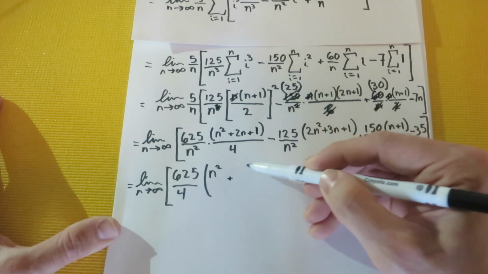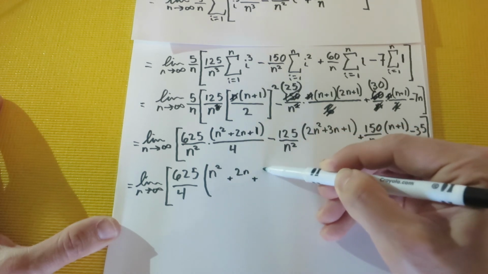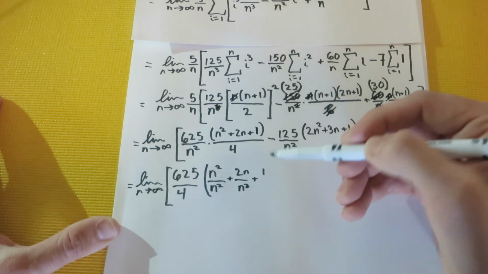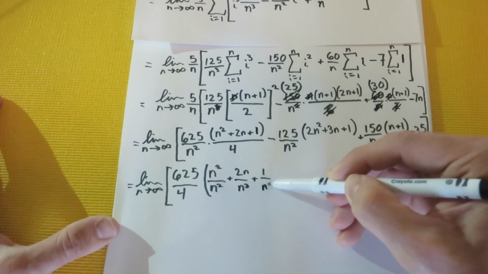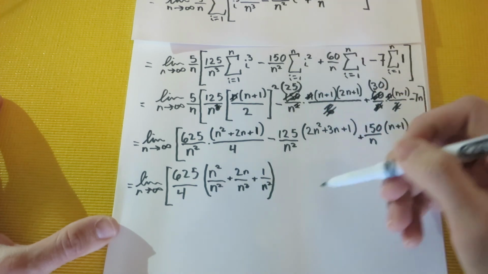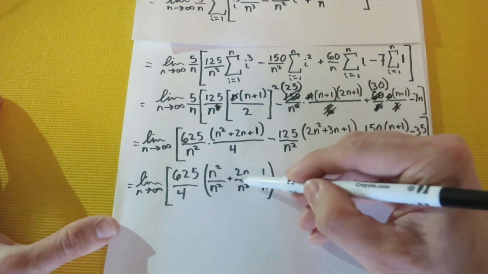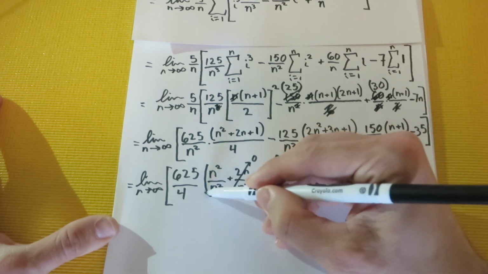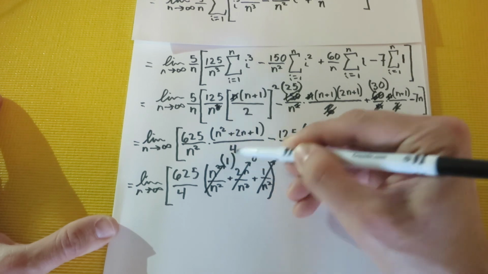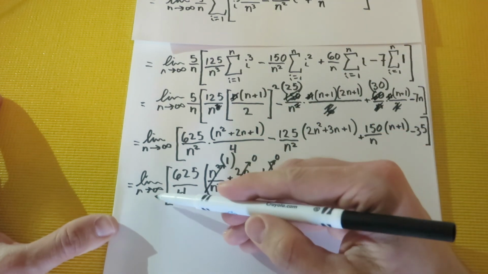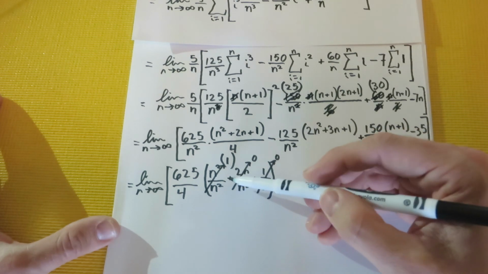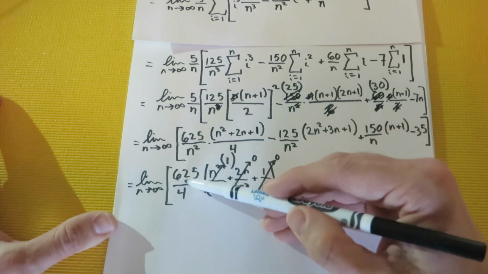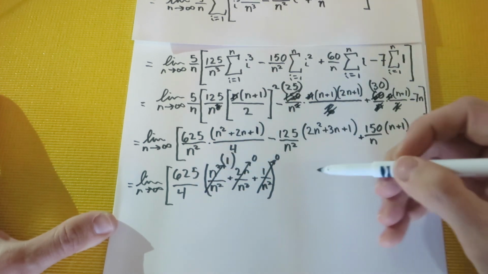This is going to be a 2n and 1 over n squared. Each of them is going to be over n squared. Now notice, this term is just going to go to 0, and this is just going to go to 0, and this is going to go to 1. So as the limit of n approaches infinity, that's like saying that we have 625 over 4 times 1, which is just going to be equal to this.